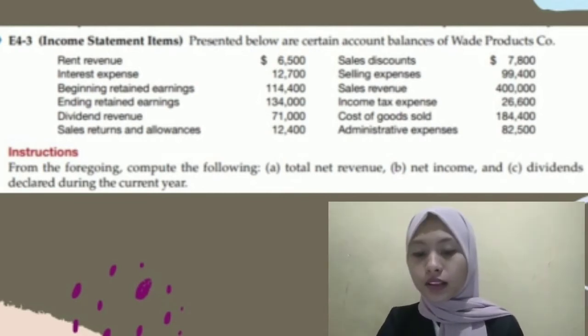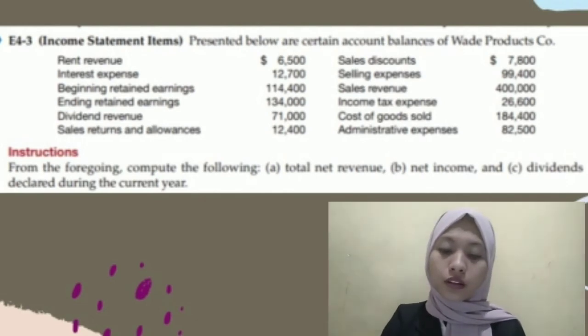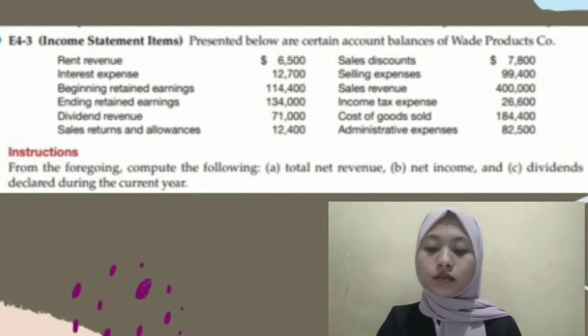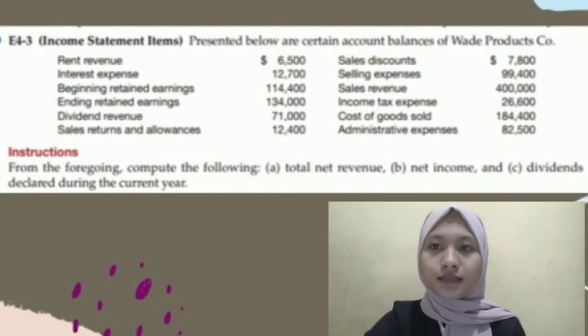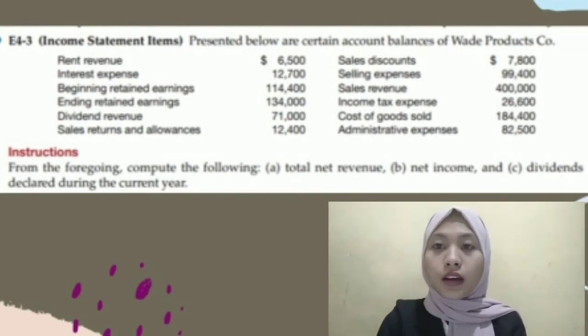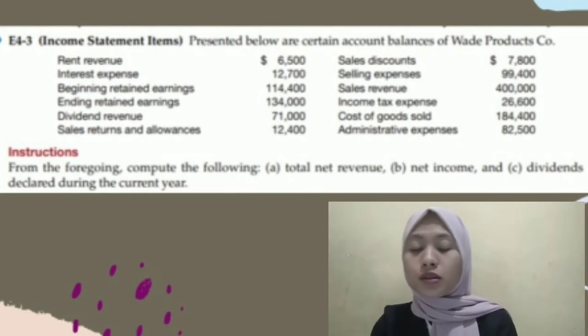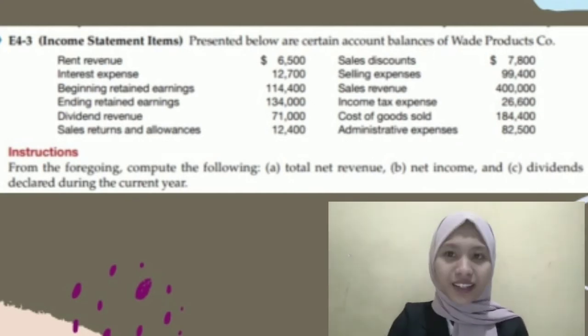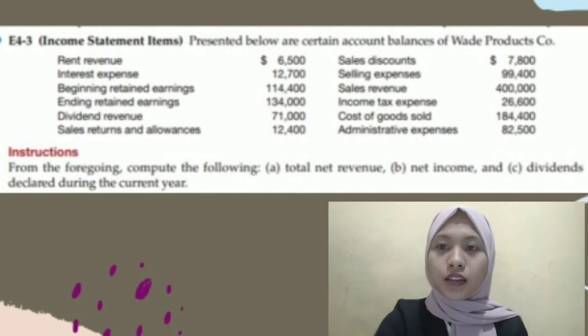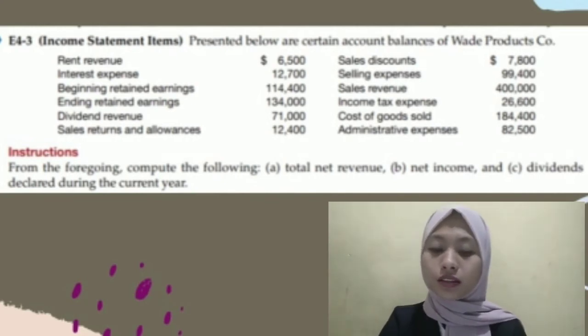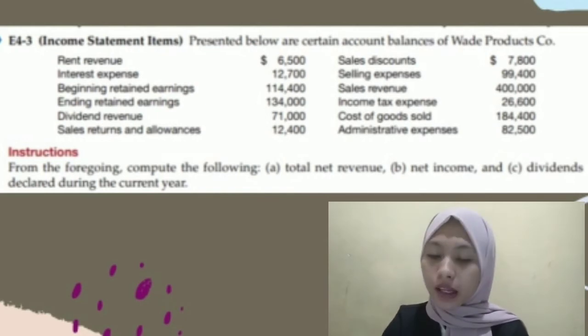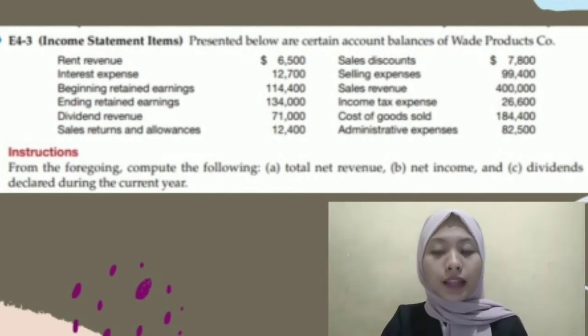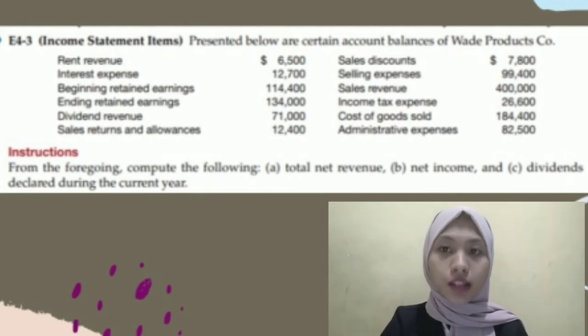Interest expense $12,700. $700, and so on, as we see on the screen. So the instruction is, from the foregoing, compute the following: A. Total net revenue, B. Net income, and C. Dividends declared during the current year.